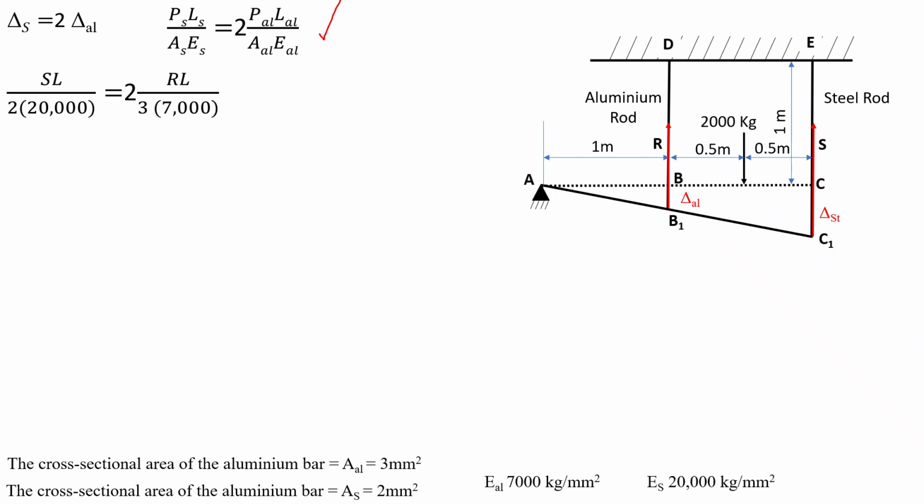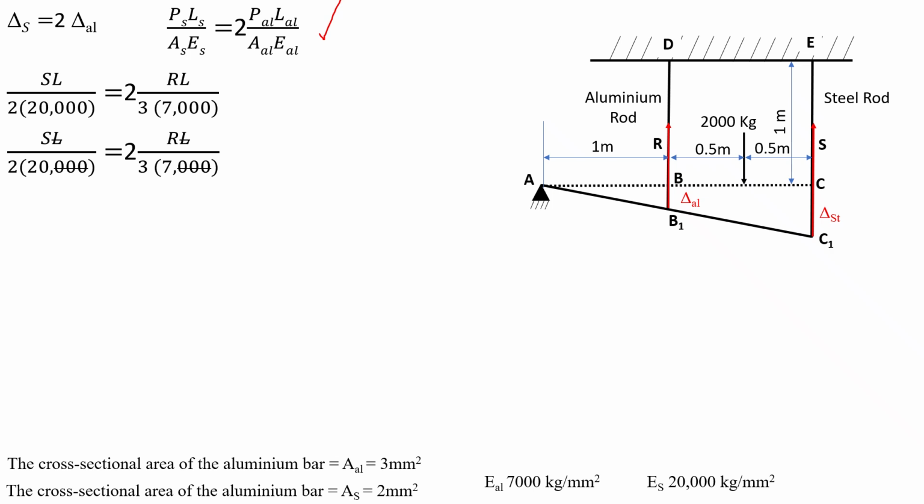This is the tension generated in the aluminium rod. Let us consider it R. The length of the aluminium rod, initial length is L only, divided by AAL, the cross sectional area of the aluminium rod, given as 3, and EAL is given as 7,000. Then L will be cancelled.